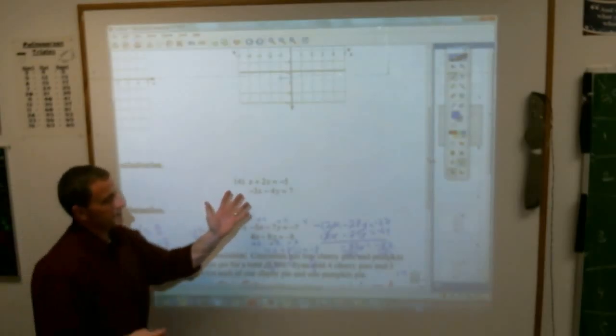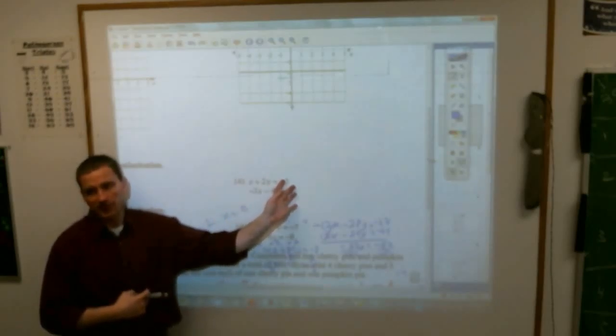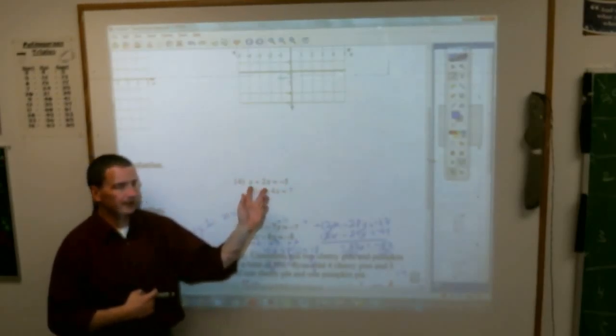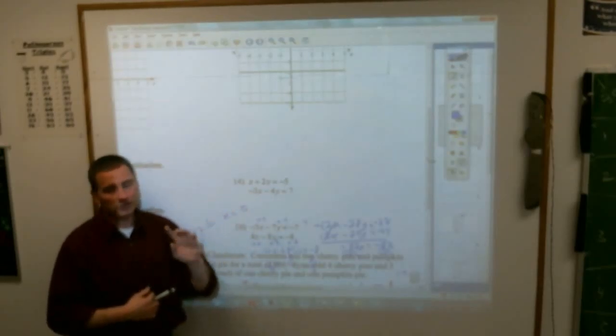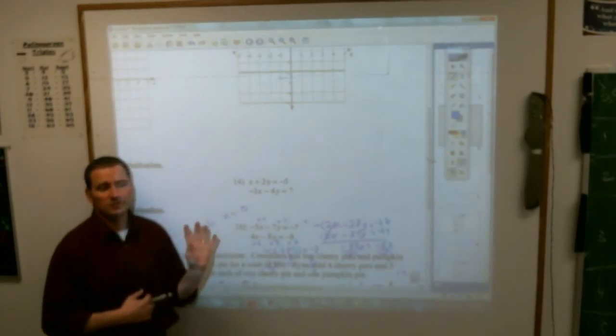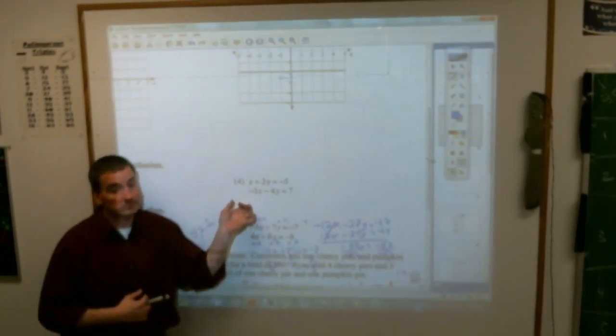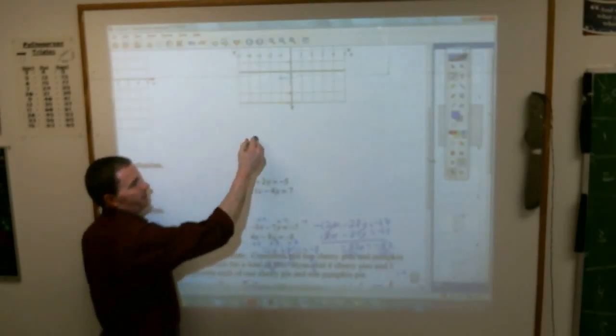In order to solve by substitution, you need a single letter by itself equal to something. And that doesn't happen here because these both have the letters on the same side. But one of them is the easiest thing to do. You can do any of them, but your life would be very complicated if you didn't pick this one. Which one would be the easiest to solve for what number? Michael?